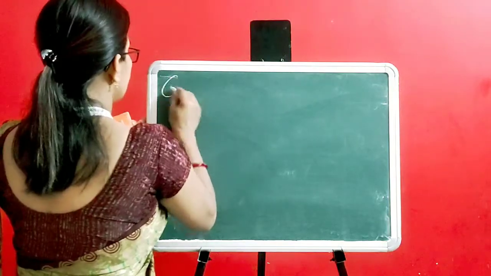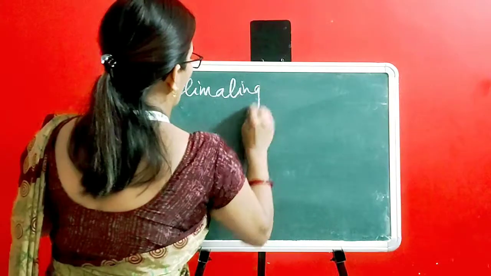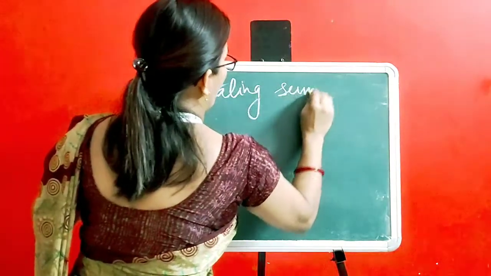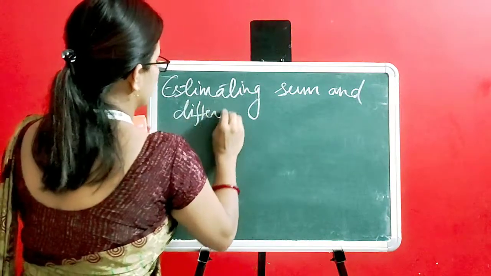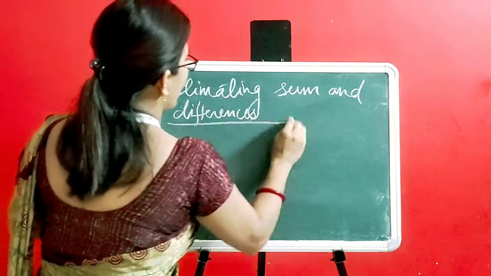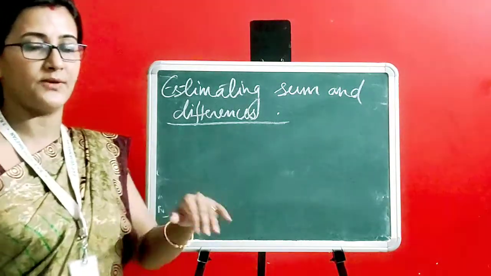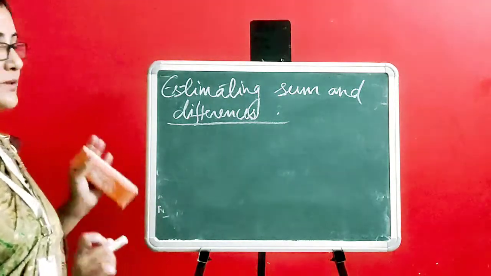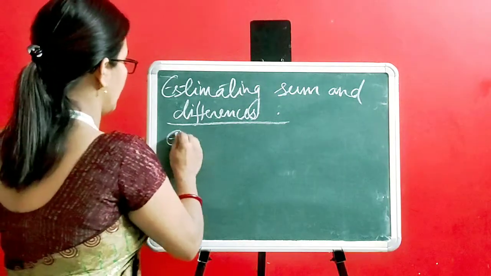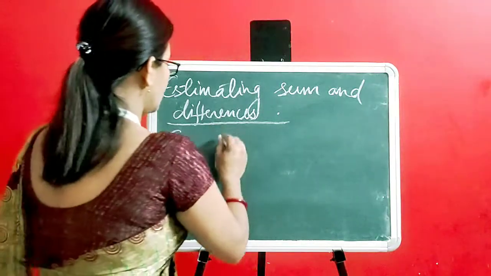So, estimating sums and differences. Now try to understand properly. Only with the help of examples, I will try to make you clear. Suppose you have been given two values to add, that is 456 plus 321.